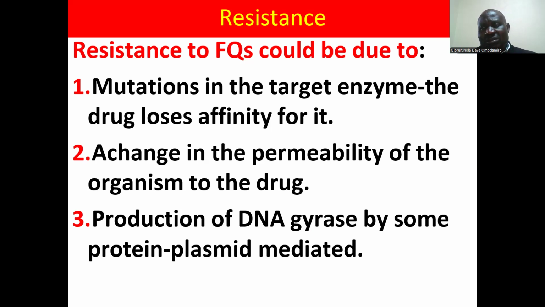And the third mechanism by which it develops resistance against fluoroquinolone is the production of DNA gyrase protection protein by some plasmid-mediated gene, so that more of this DNA gyrase is produced, and then replication will continue. These are the various ways by which resistance can occur in the use of fluoroquinolone.